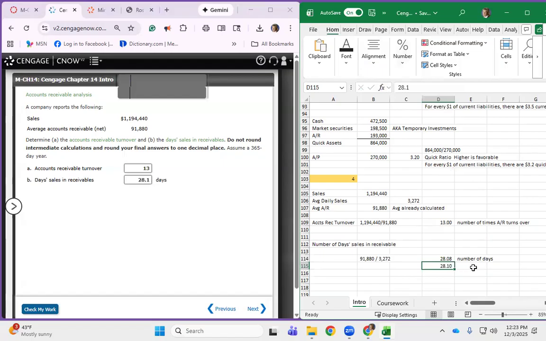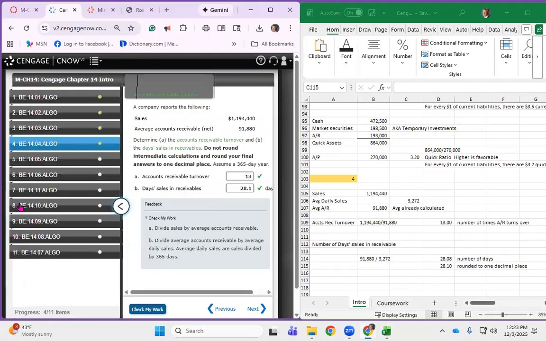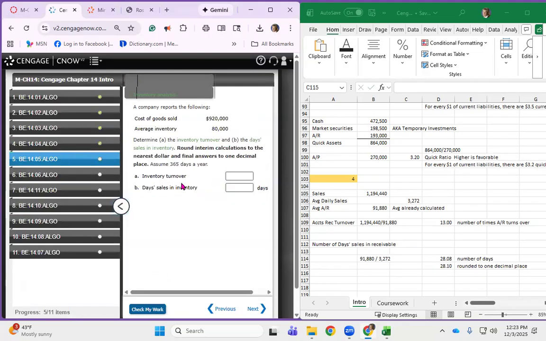Yep, 28.1, and I'm going to put rounded to 1 decimal. There it is. Okay, so let's put these numbers in and see if we're right. I hope. All right, let's keep going.